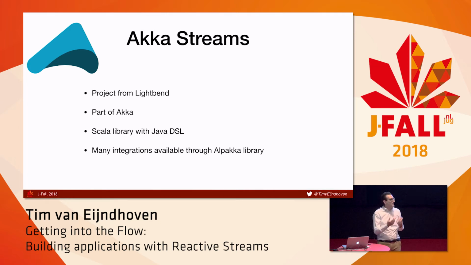These are provided out of the box. These provide both publishers and subscribers, so you can easily tie them into your stream processing to send data into a database or read data from a database with the whole Reactive Stream support with it.